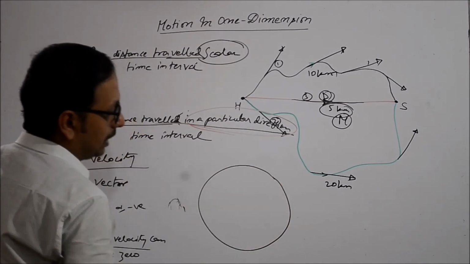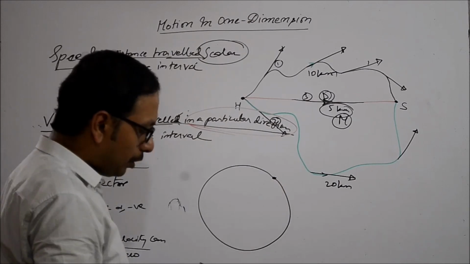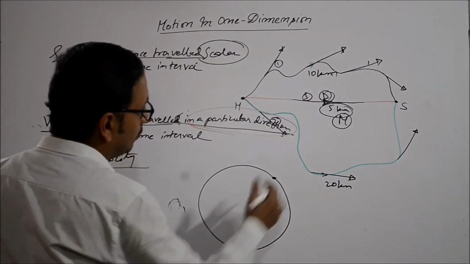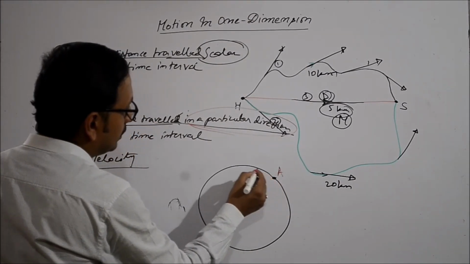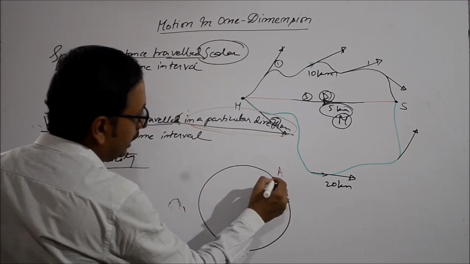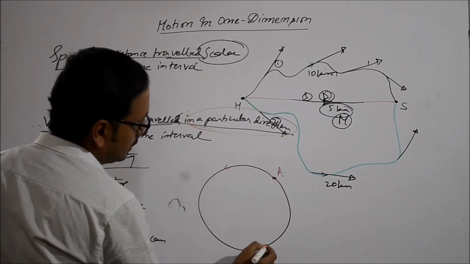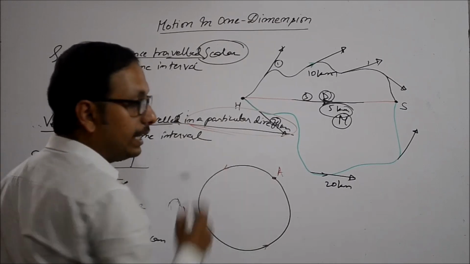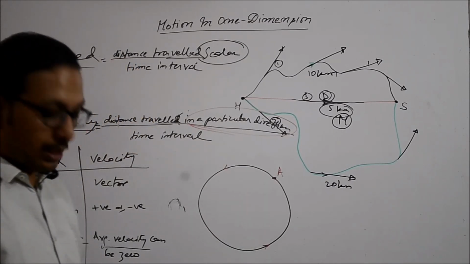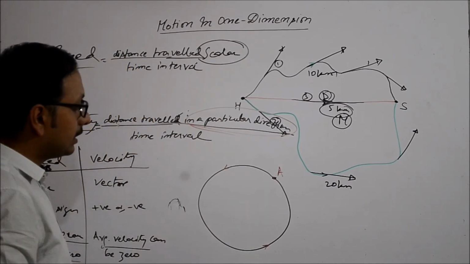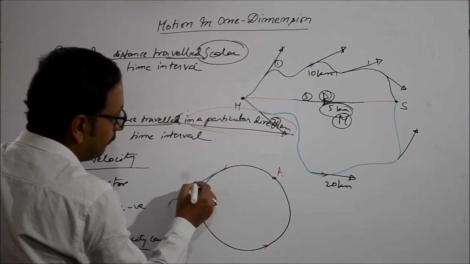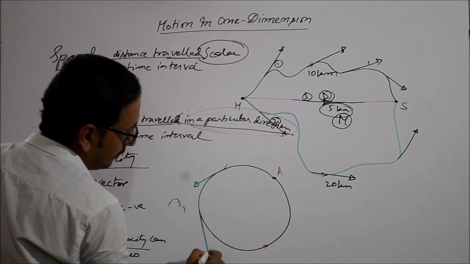Suppose there is a circular path and a body is moving from position A and coming to position A again. The body is moving in this direction, started from A and ended at A. Now if I consider the directions, at each and every place the directions are different.